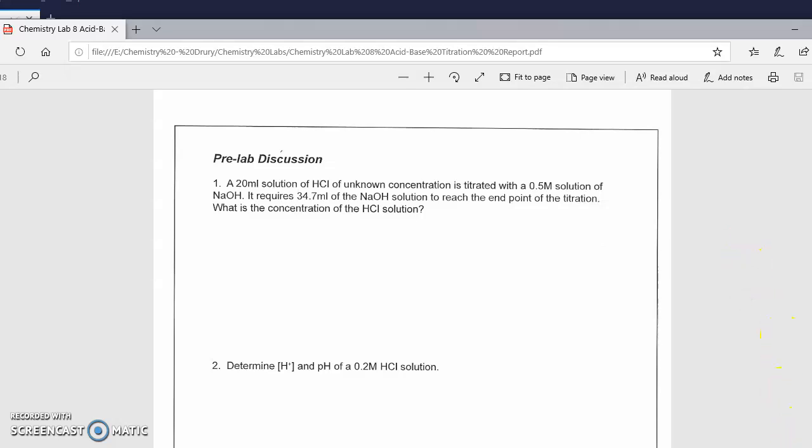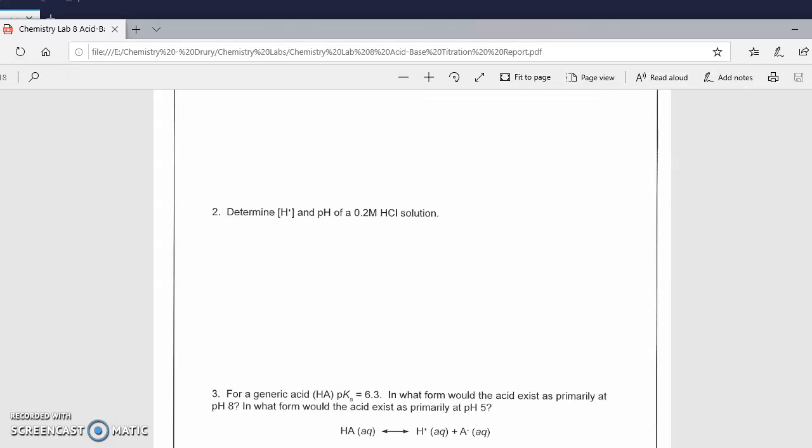Now the next one is to determine the hydrogen ion concentration and the pH of a 0.2 molar HCl solution. So for that, because HCl is a strong acid, it completely dissociates. So a 0.2 molar solution will yield 0.2 molar H ion plus 0.2 molar chloride ion.